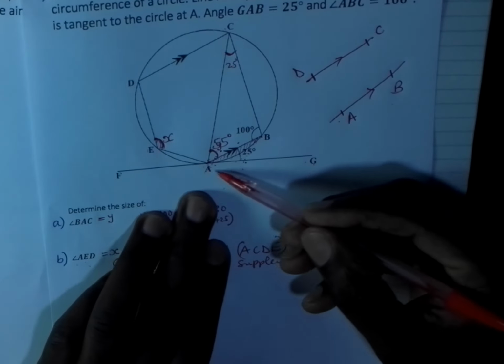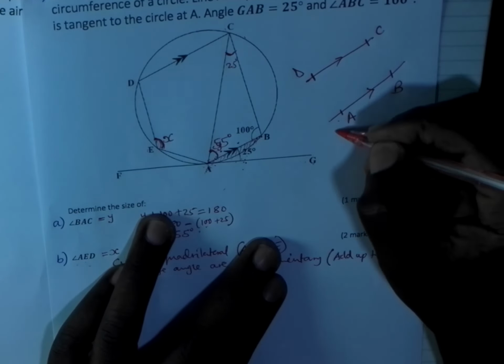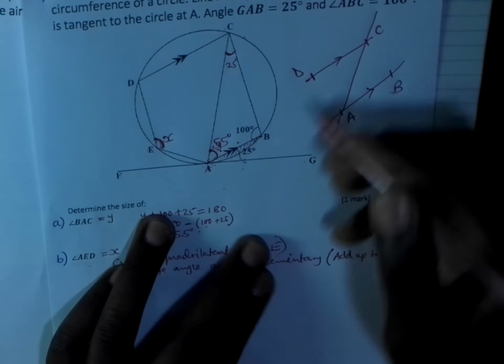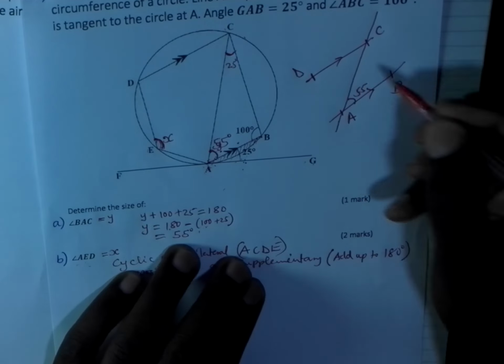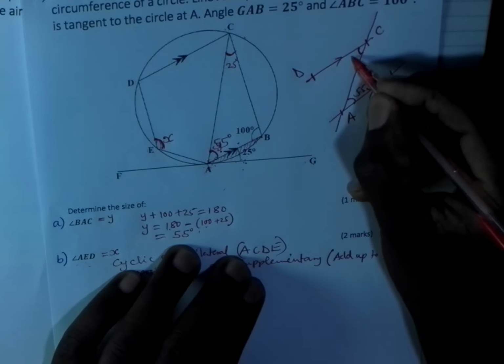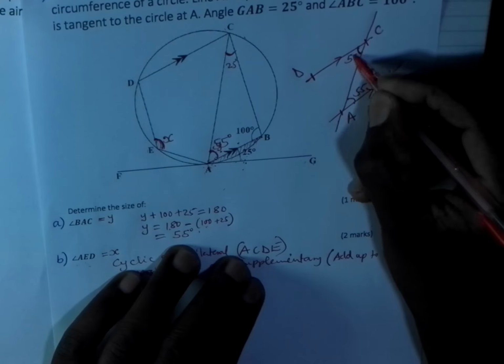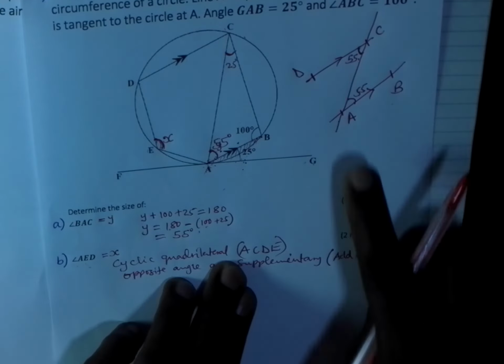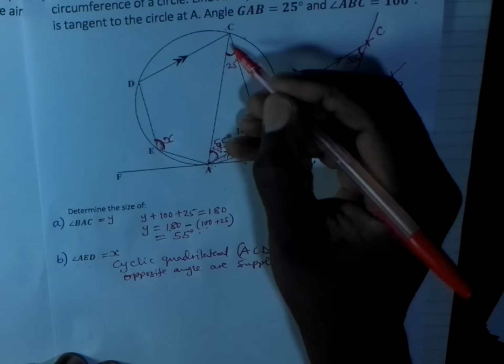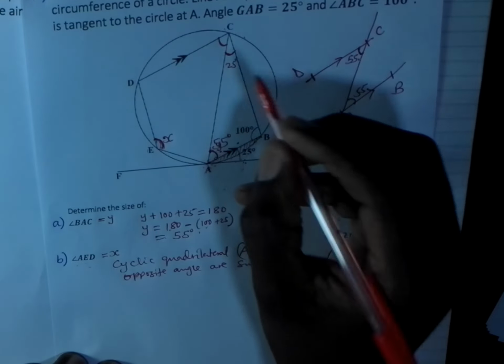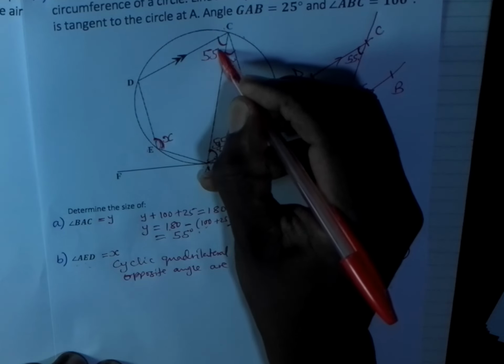And there is this line AC. So at this point, this is 55 degrees. It will be alternate to this angle, which is 55 degrees. Since AC is a transversal line, this angle here is 55 degrees.